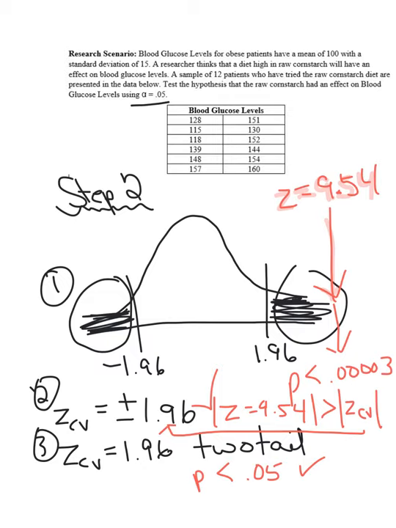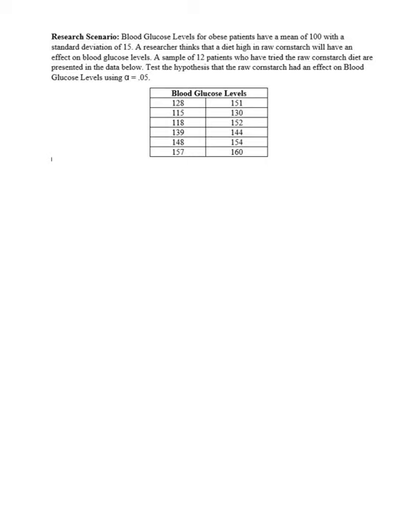So we can actually repeat. Step 3 is to calculate our test statistic as well as any of the other statistics that coincide. So finding our p-value, calculating Cohen's d, etc. So remember, our population mean was 100.